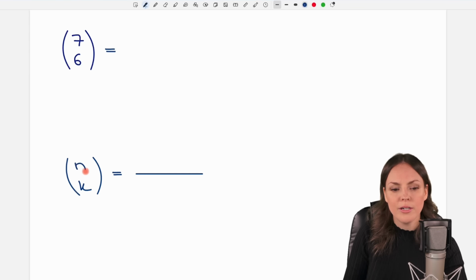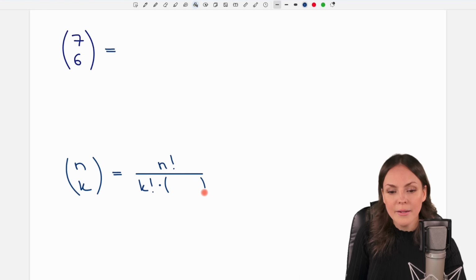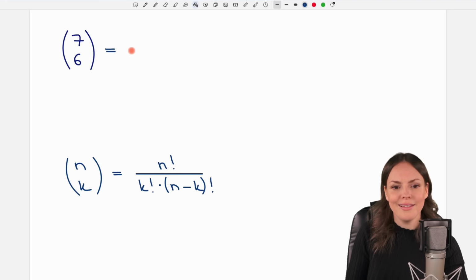We take the upper number here, the n, and use n factorial, what we just had. And in the denominator, we have this number, so the k, and also factorial. And this is multiplied by, now we subtract these two numbers, so n minus k, and then also factorial. Okay, let's apply this formula here.